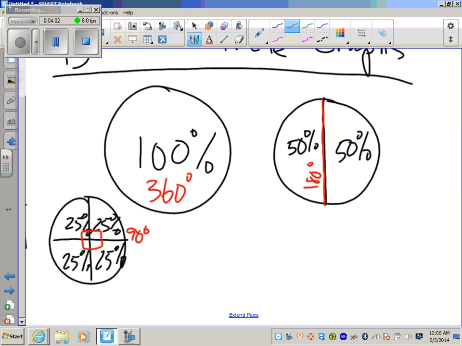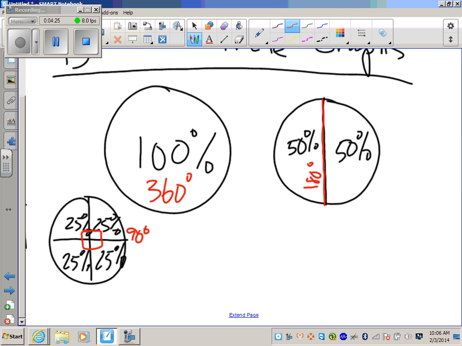Tennis. Yes, tennis is represented by the green in the graph, and it has the smallest wedge. Number two, which is more popular, basketball or volleyball, according to this graph? Brandon. Basketball. And list the sports from least to most popular.